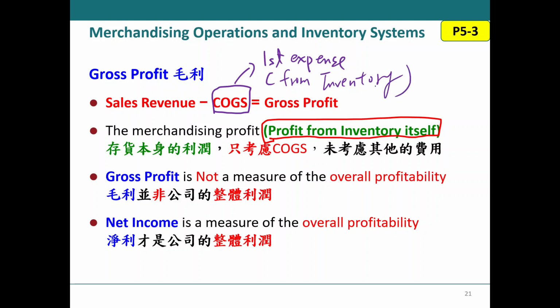But don't forget, not only inventory expense, we still have other expenses you have to consider. Okay? So net income is our final profit after you consider the second expense. Okay? So remember, net income is your final profit after considering the second expense.